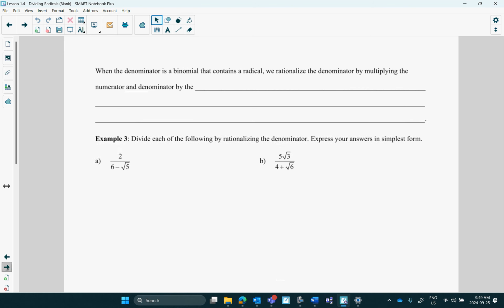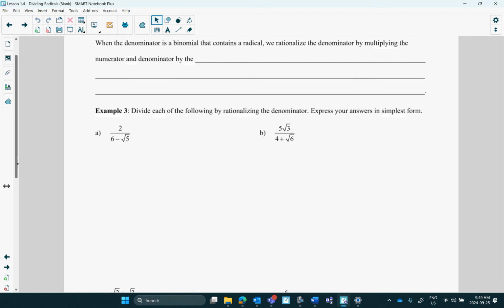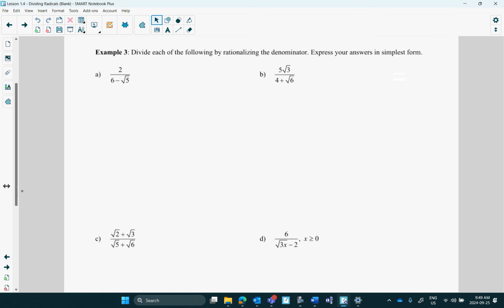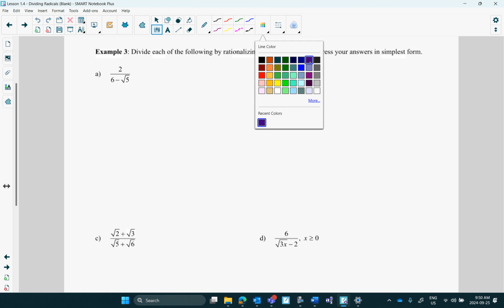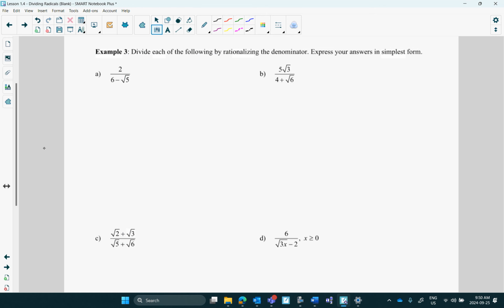The last case is what happens if there's more than one term in the bottom. Because if you think about it, don't write this down, but I'll just show you. You might think, oh, well, let's multiply it by root 5, because there's root 5 on the bottom.